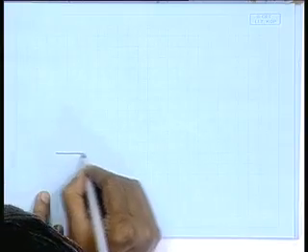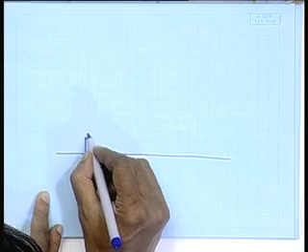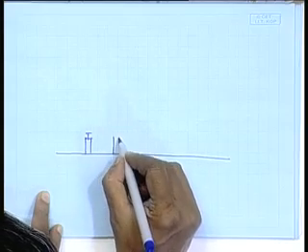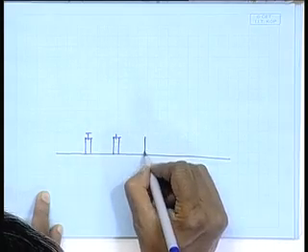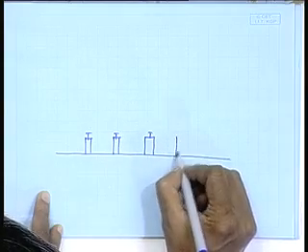Right. Now a similar set of things can be on top also, hanging from a big framework. So I can have a system wherein I have a set of these at the bottom and a similar set at the top.